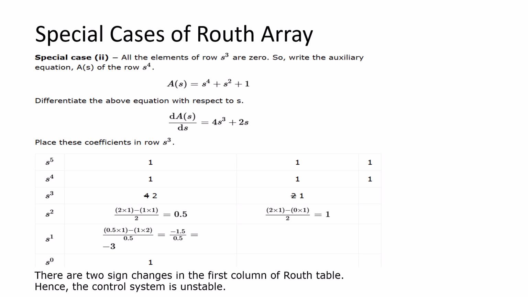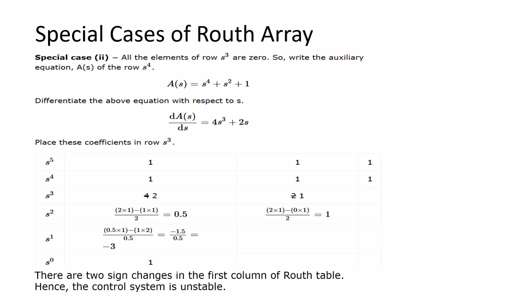Now we need to get the s cube row, and we do that by derivative. Differentiating the above equation with respect to s, we get 4s cube plus 2s; for 1 it is 0. So the coefficients of s cube are 4 and 2. Taking 2 common, this will be 2 and 1.